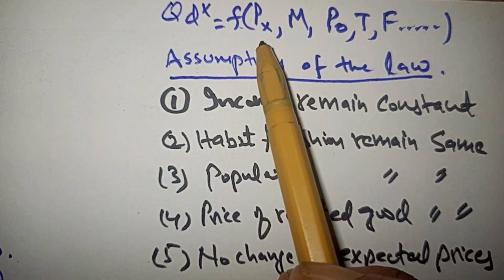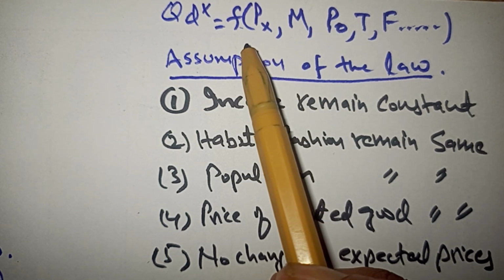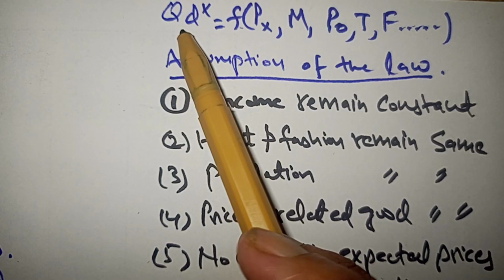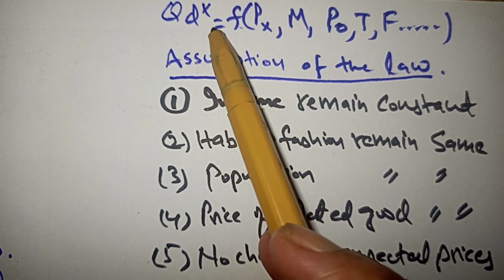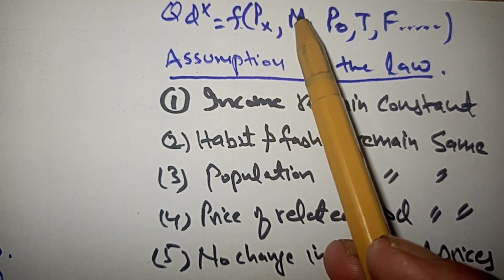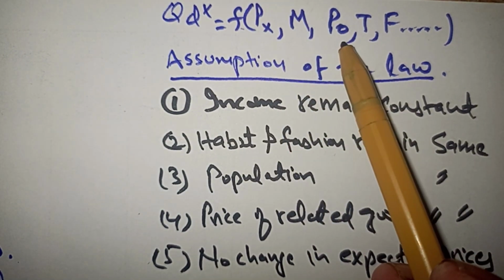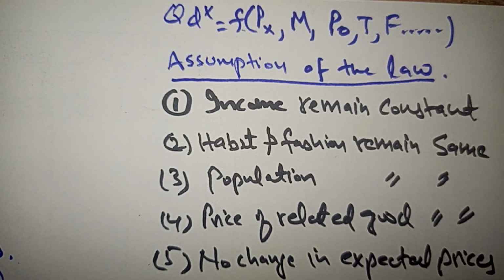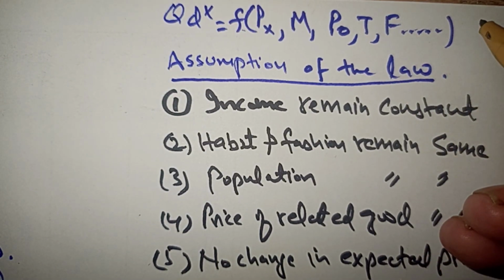These factors are also called the determinants of demand. Here the quantity demanded of x is equal to a function of Px, M, P naught, T, F and so on.